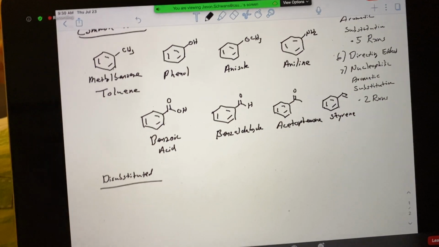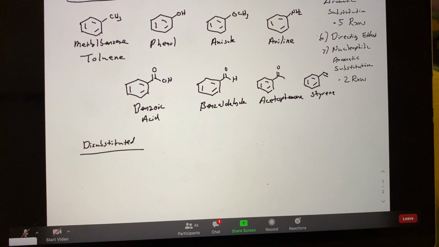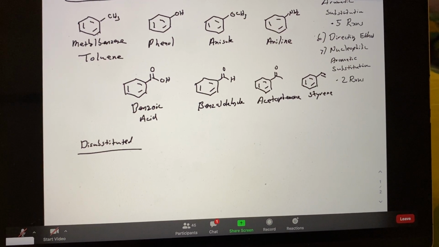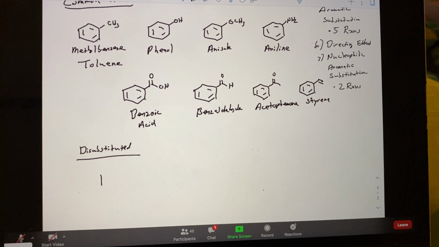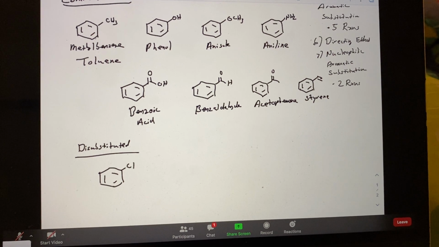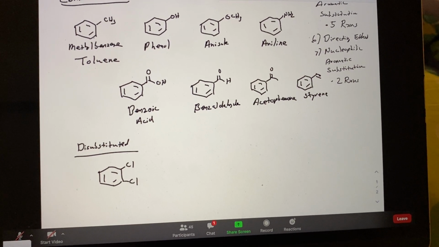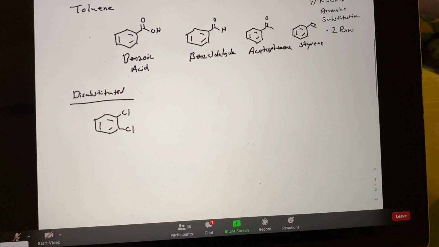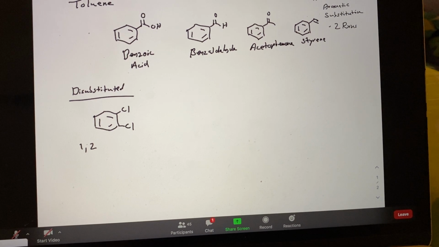In this case, now we have to think about what groups are shown and what their arrangement is. So let's consider, for example, a compound that has two chloro substituents on it. There's a couple of ways that we can name this. So one, we need to indicate that there's two chlorines and what their relationship is.